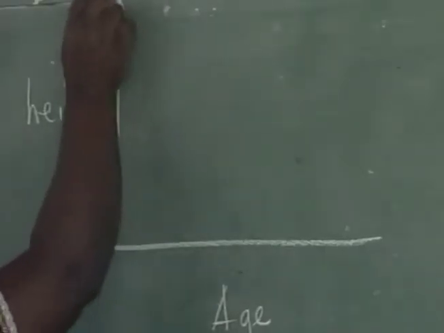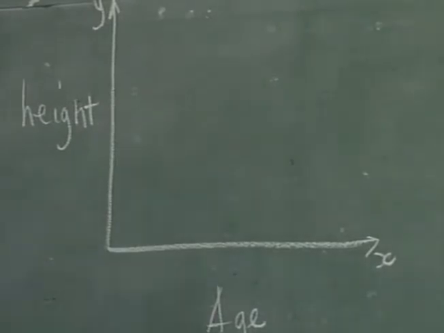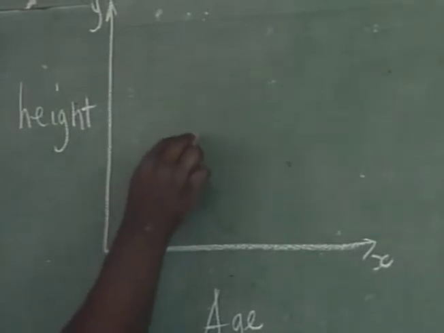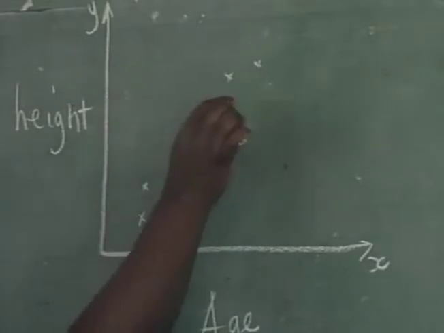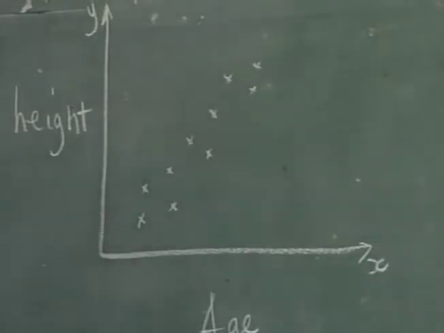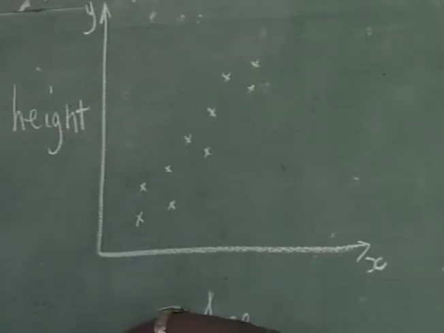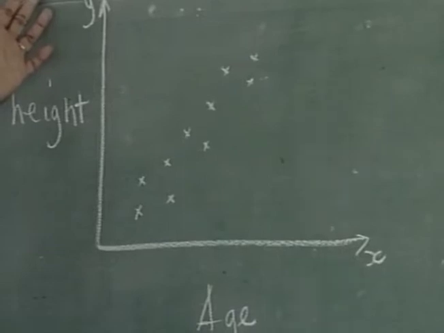So we may have, let's say, the heights and ages of children in elementary school. The points might look something like this. They won't all lie in a straight line, but they will be something like this.